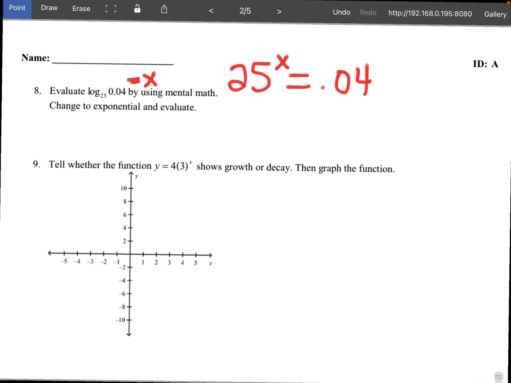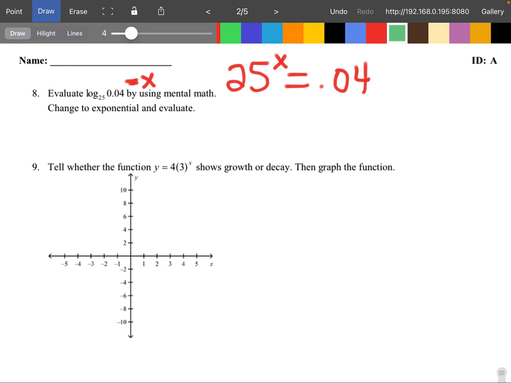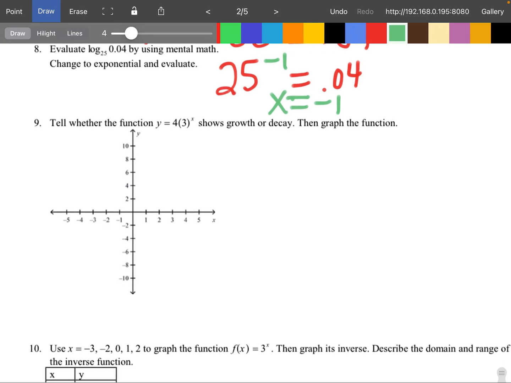So negative 1 works. So because 25 to the negative 1 equals 0.04, x is negative 1. So again, if positive numbers aren't working, then go the opposite direction and do negatives.